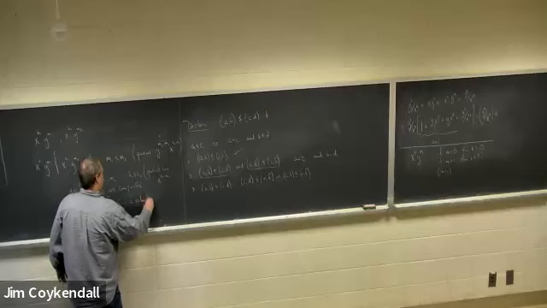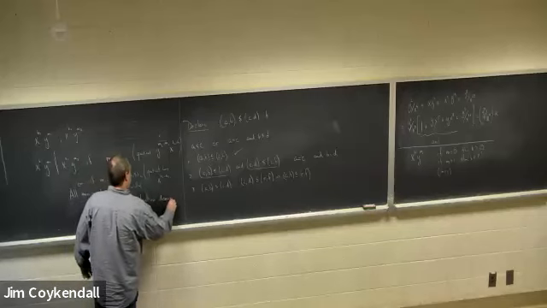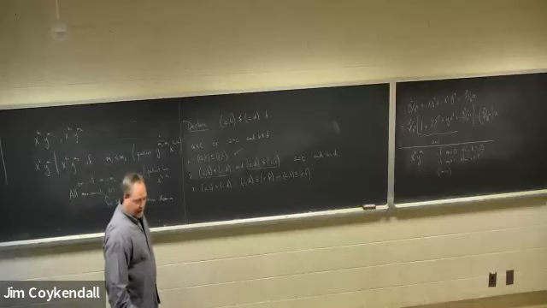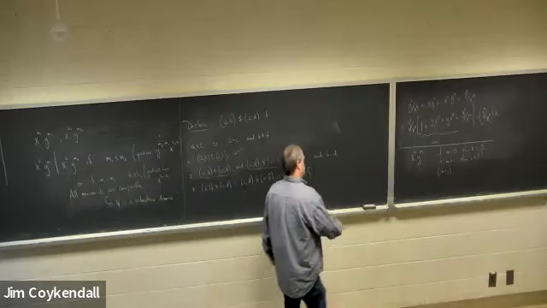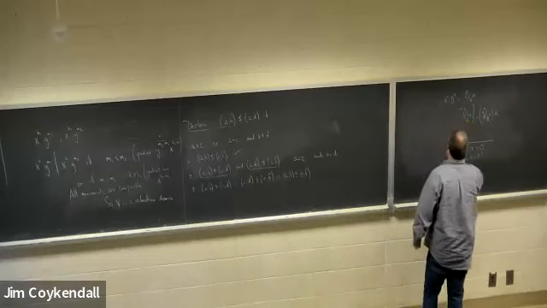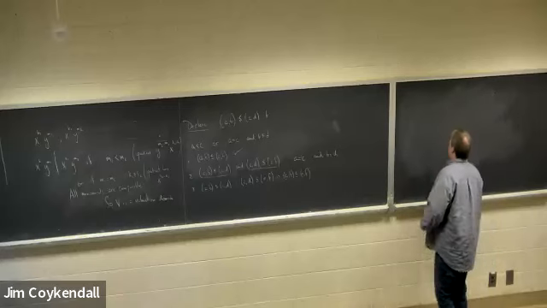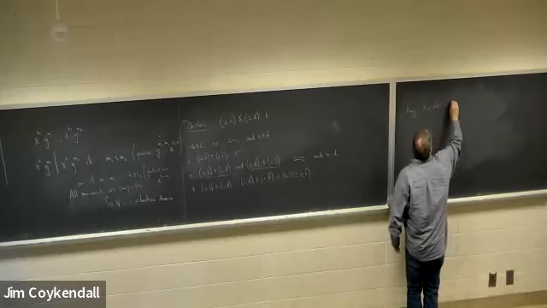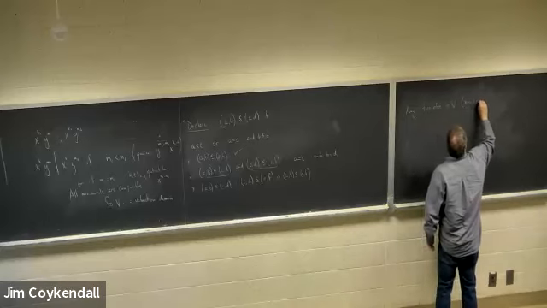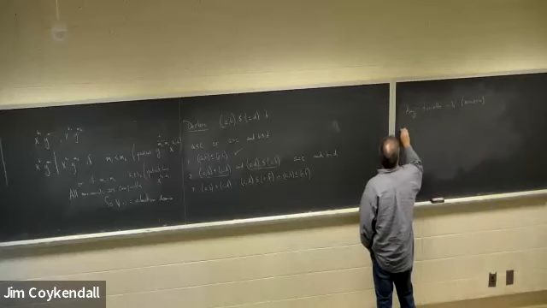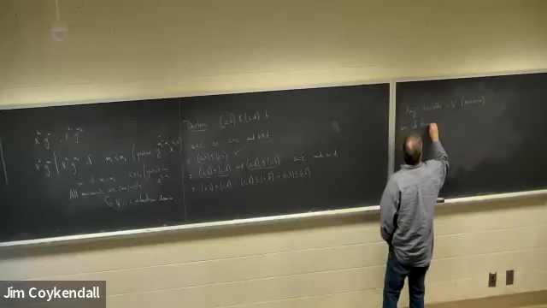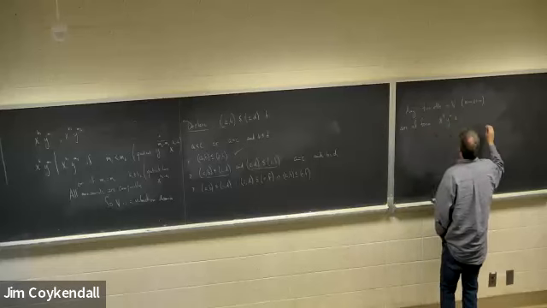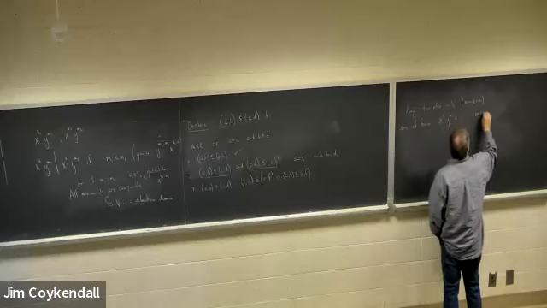B is a valuation domain because any two non-zero elements are of the form x to the k y to the m u, where m is greater than or equal to 0.